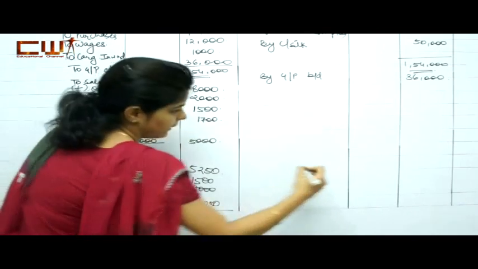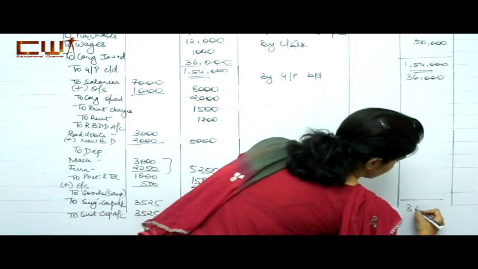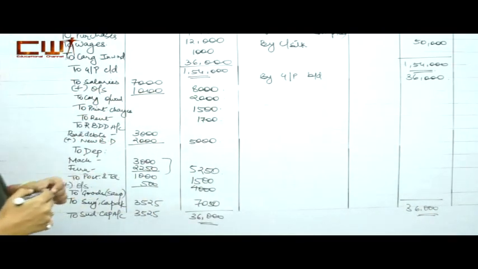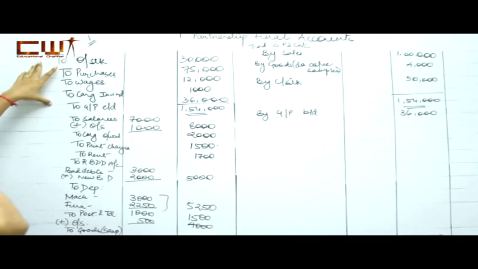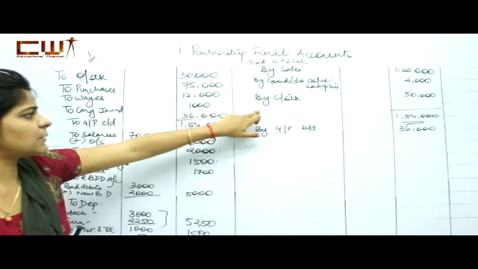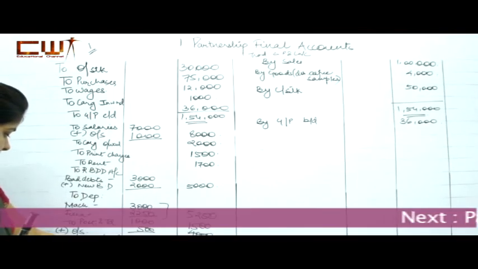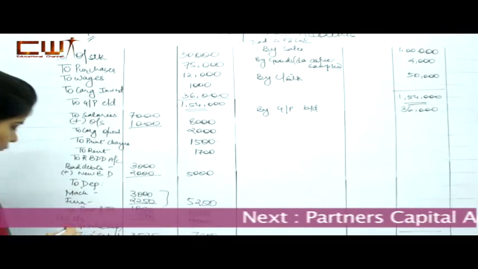36,000 for this side and this side also. 36,000. So you have prepared the P&L account. This is the gross profit you have calculated. This is supposed to be the trading account. Here you have prepared the P&L account. This is actually the net profit, right?